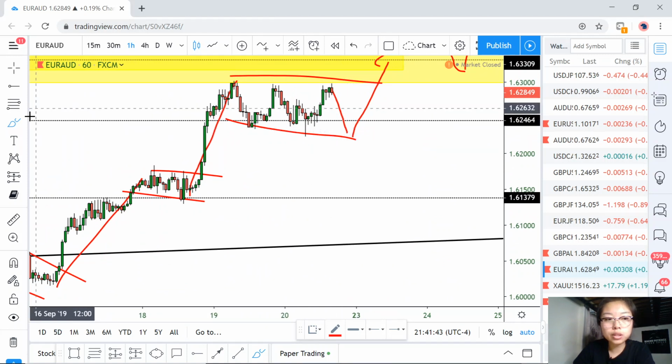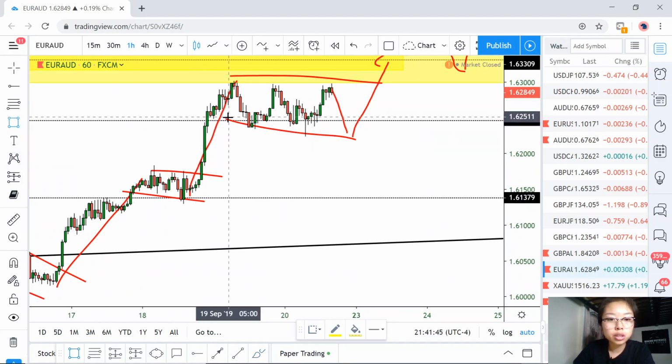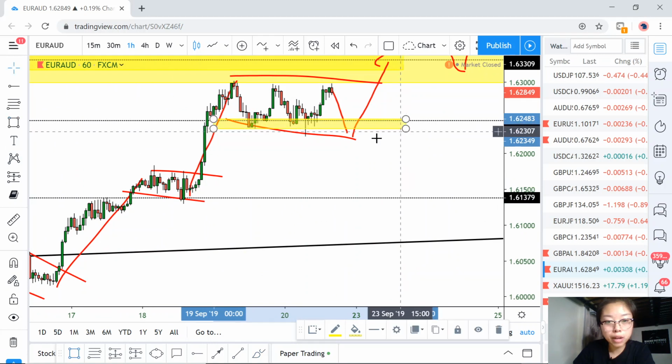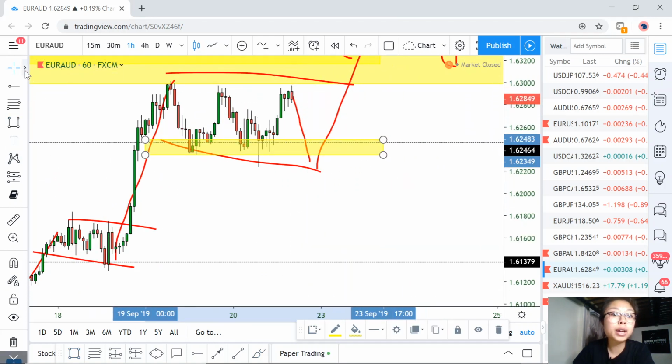So we want this support to break. And if you guys don't know yet, the pattern right here is we're waiting for levels to break and then retrace and enter on a retest. If it doesn't retrace and retest, we're not going in.